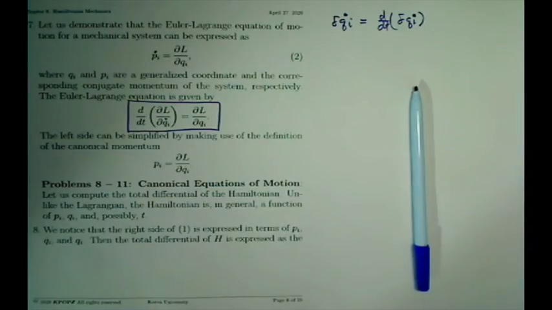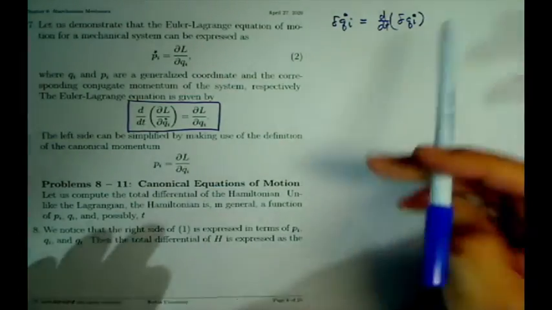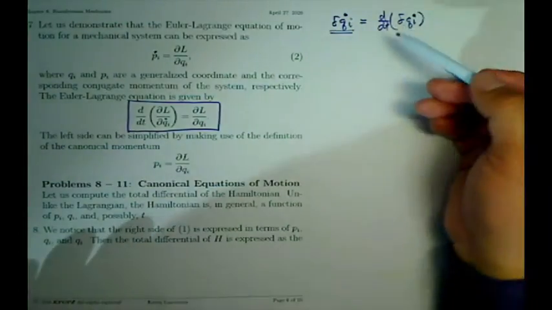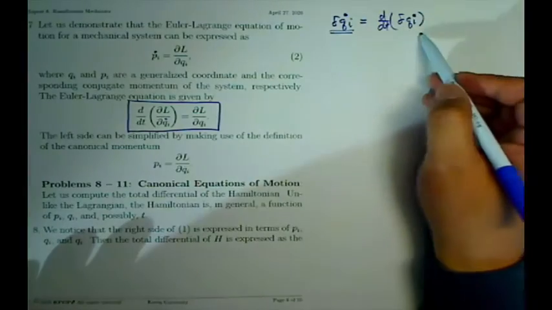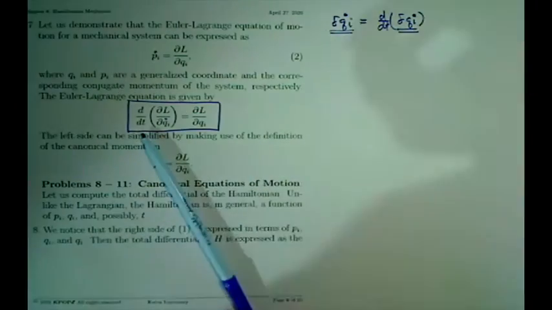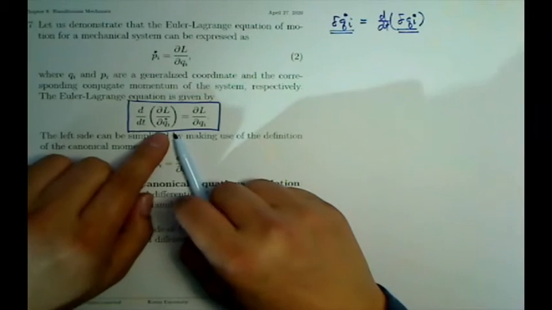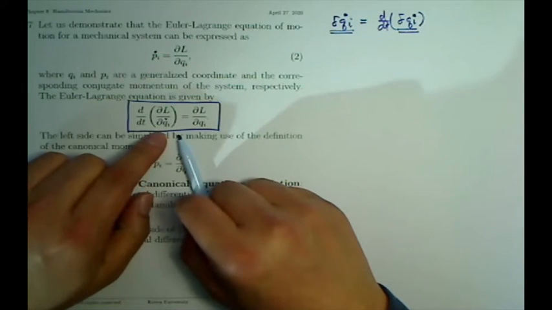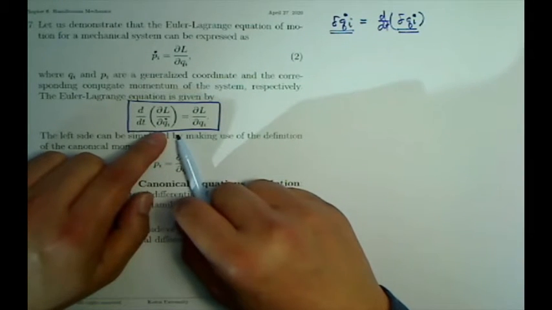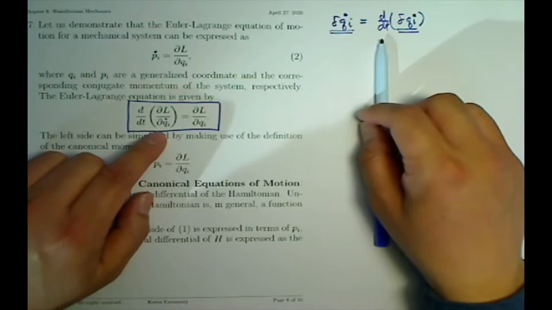Therefore, qi dot's variation is completely determined by qi's variation. That's the reason why we had a single variation along qi, and the second order derivative appears because of this relation.